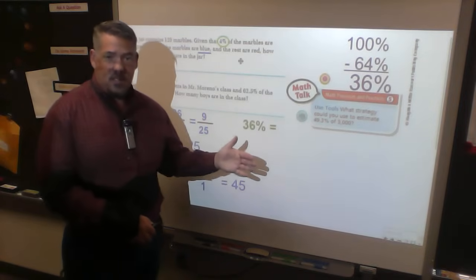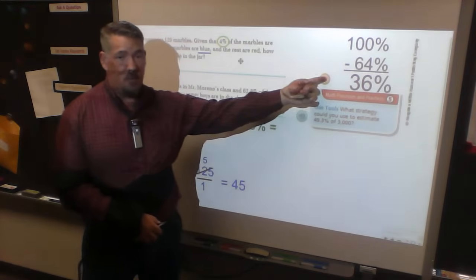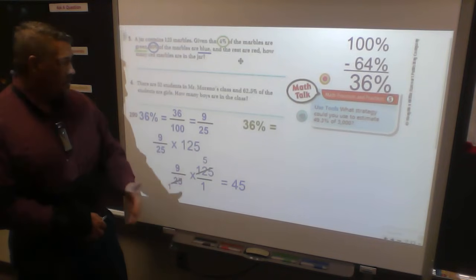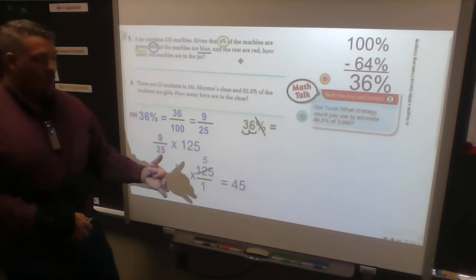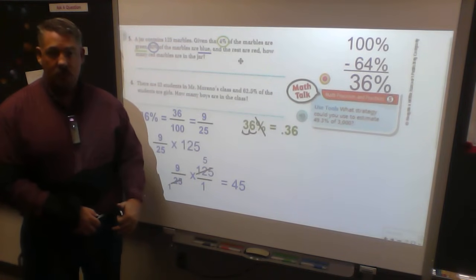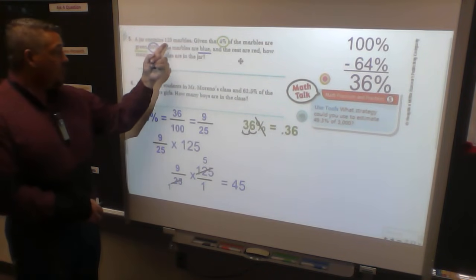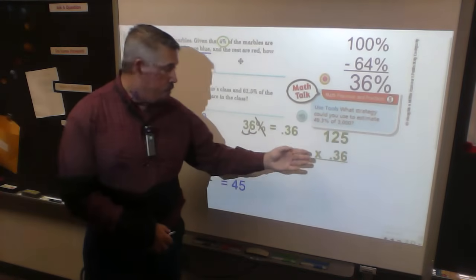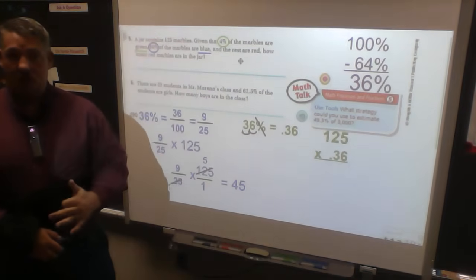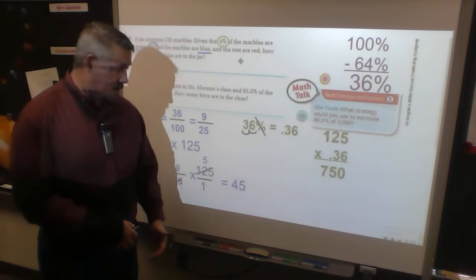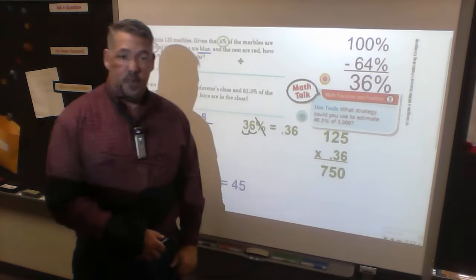If I want to do it as a decimal, it's still my 36%. That part doesn't change, but how I do my work does change. I drop my percent sign, I move my decimal from right to left 2 times, so I end up with 0.36. I look at the number we're talking about, 125, so I'm going to multiply 125 by 0.36. Start with my 6: I multiply 125 by 6, I get 750.